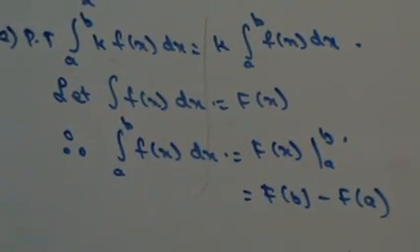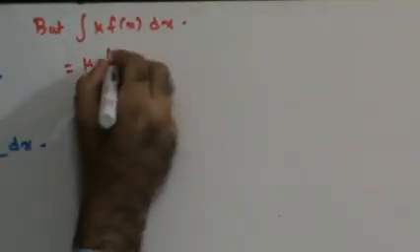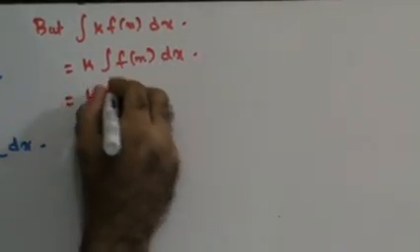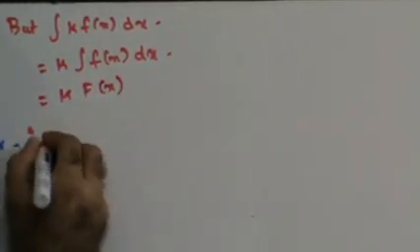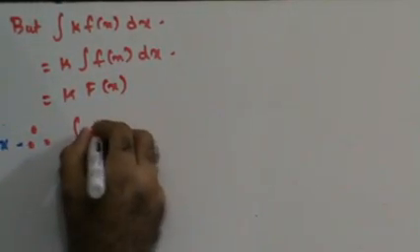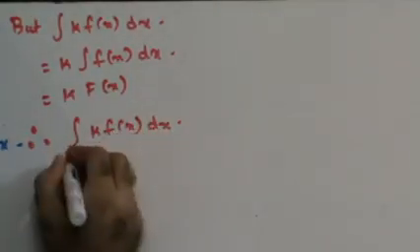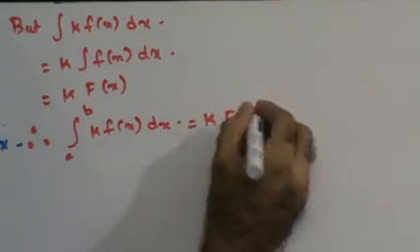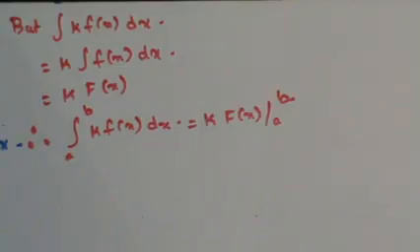Once you have this, let's first use the indefinite integral formula. The integral of k times f of x with respect to x, from indefinite integrals, we know is nothing but k times the integral of f of x with respect to x, which is nothing but k times F of x. Therefore, the integral of k times f of x with respect to x from a to b is going to be nothing but k times F of x from a to b, right?